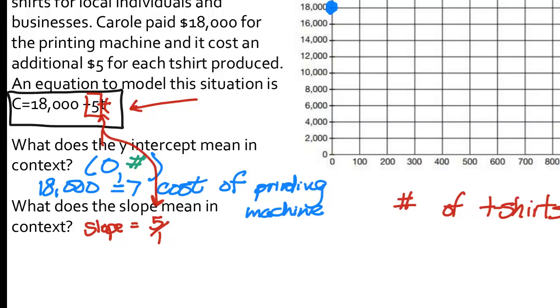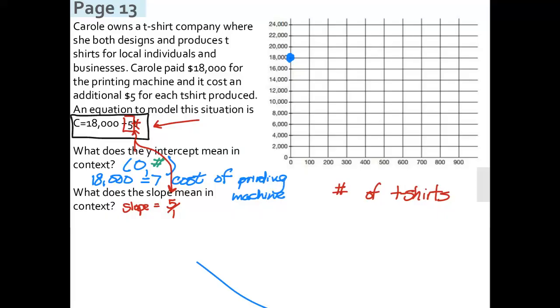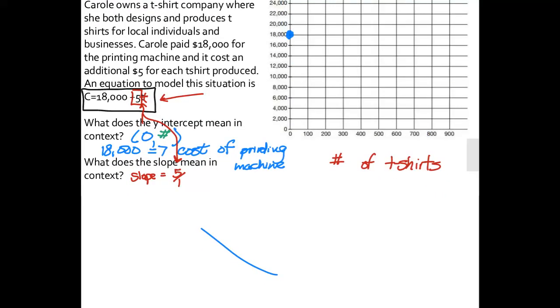I kind of mangled over that. Yeah, t and x are the same, so that is the number of t-shirts that we have. Okay, so the slope is talking about, well, over 1, yes. So it is the cost. You're right. The cost of one t-shirt.